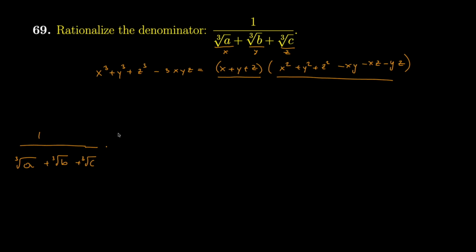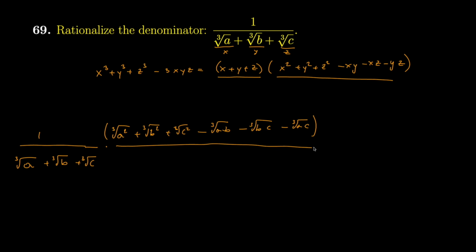In the numerator, we have the squares: a square, b square cubic root, and c square cubic root, minus ab cubic root, bc cubic root, and ac cubic root, right?